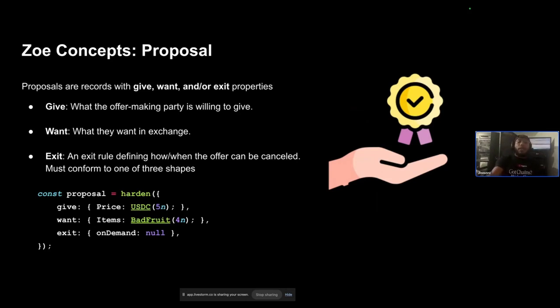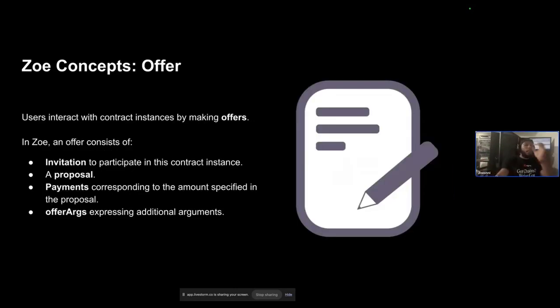The want is what you expect to get back, so you expect Zoe to have reallocated this want by the end of the deal or the end of the flow. And the exit is something optional that you can define to declare how you want the deal to end, where you can either end it on demand or via an expiration, etc. To summarize, these things make up an offer. An offer has an invitation, a proposal, payments, and offer arguments, and we'll see these.